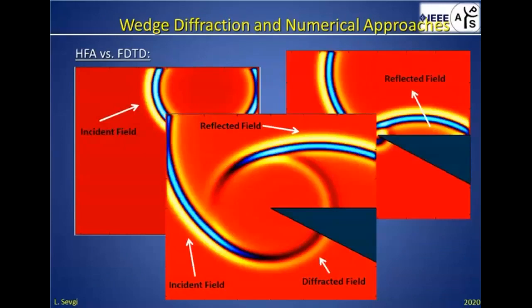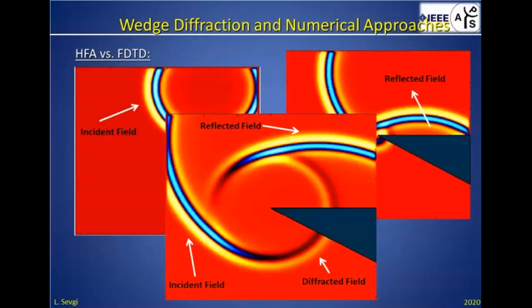So if you screen capture at different times during the FDTD simulation, you can get the incident field, reflected field, and diffracted field. These three show you different time instants. The latest one is the front one.